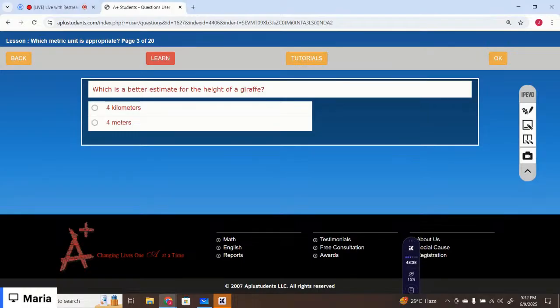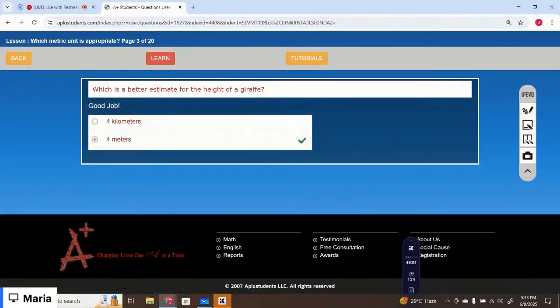Which is the better estimate for the height of the giraffe? That would be 4 meters.